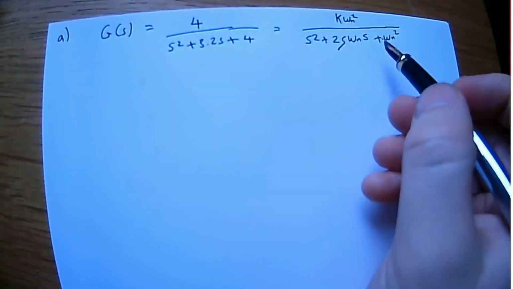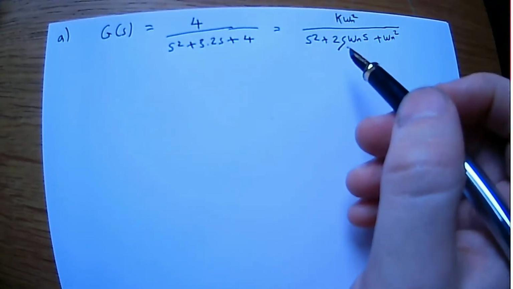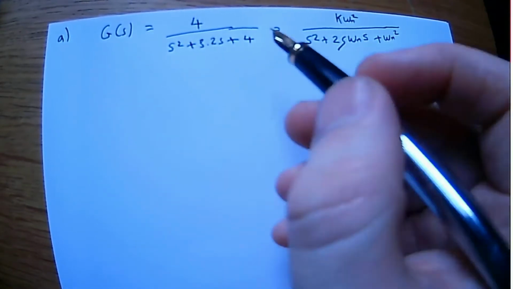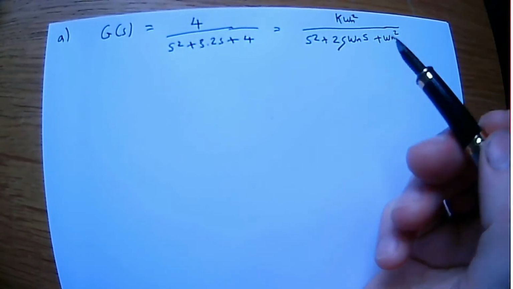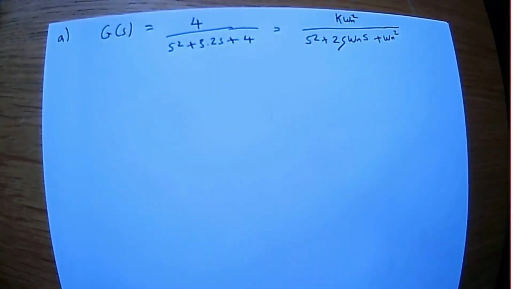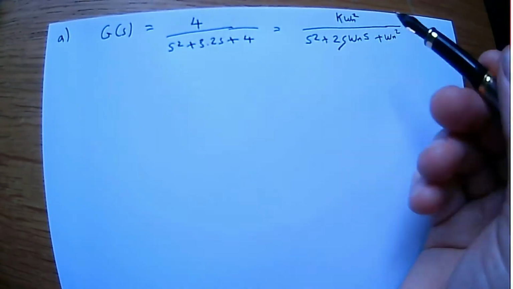The first thing we need to do, if we're going to work out the rise time, peak time and period time, is work out the natural frequency and the damping ratio of the system, and then work out the damped frequency.